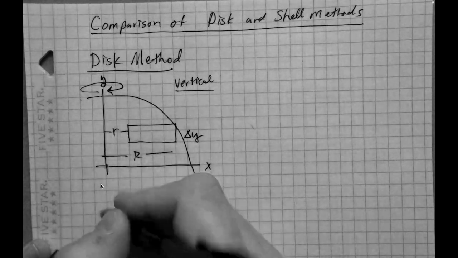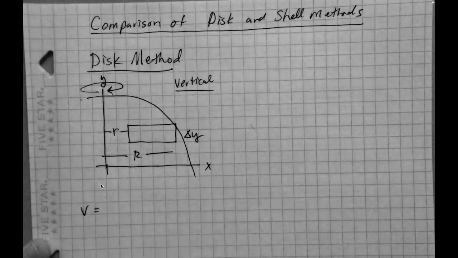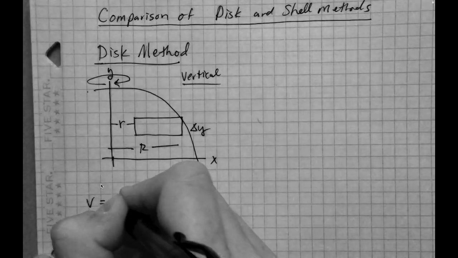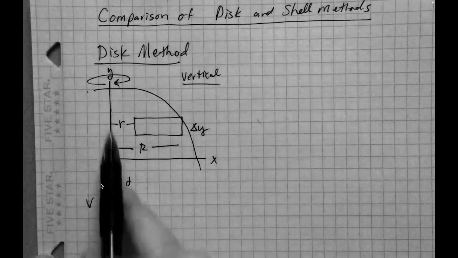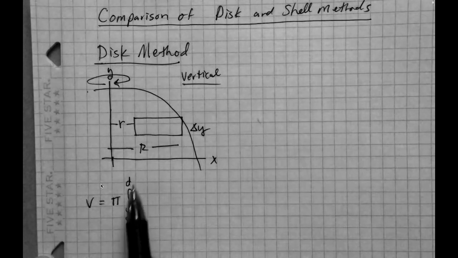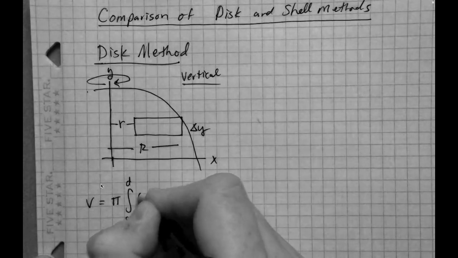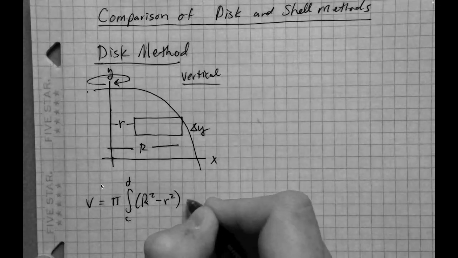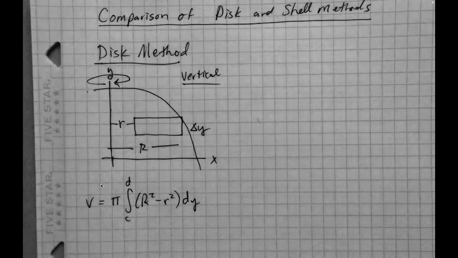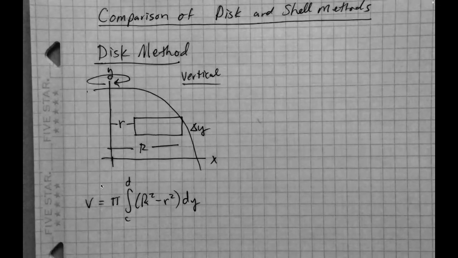And then the integral basically was V equals pi times the integral. In the case of integrating across the y-axis, it's common to use c and d as your bounds, and so it was big R squared, outer radius, minus inner radius squared, and it was with respect to y. So that was the setup with the disk method in the vertical orientation.